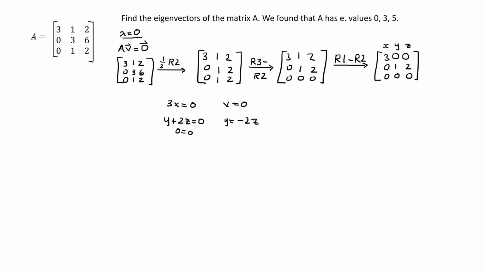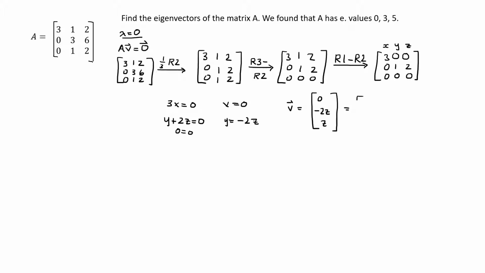And so my solutions are going to look like v equals 0, -2z, z. Okay. So my y coordinate, my middle coordinate, is given by -2 times my third coordinate.